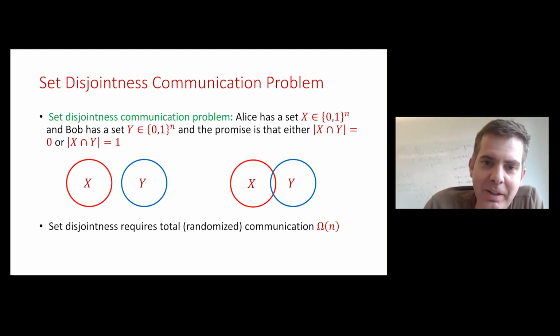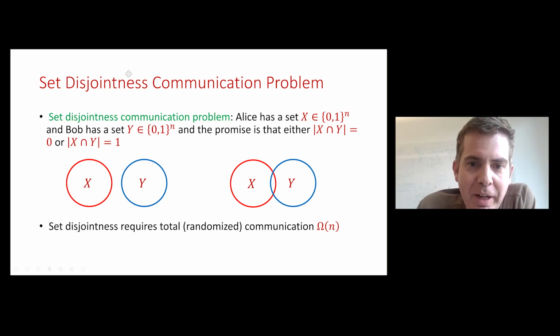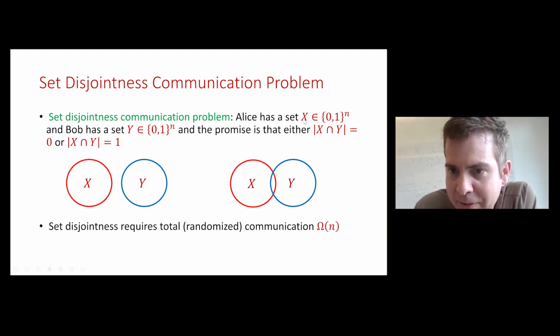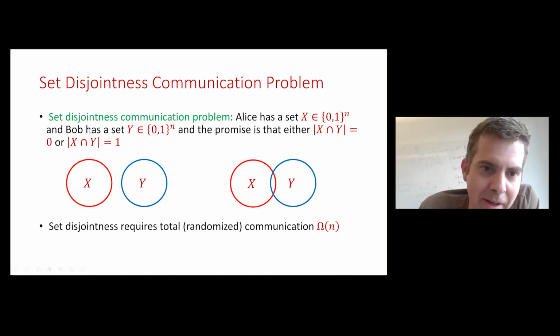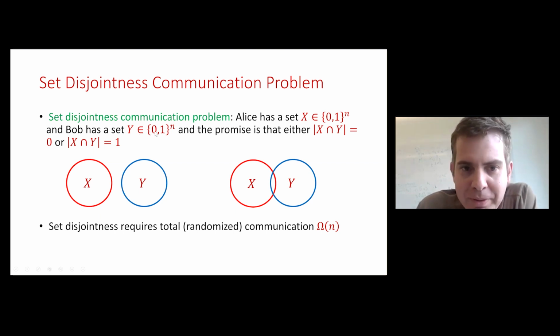This is a standard communication problem, the set disjointness communication problem, in green here. You have two players, Alice and Bob. Alice has a set X, which I'm just identifying with its characteristic vector in {0,1}^n, and Bob has a set Y, also in {0,1}^n.